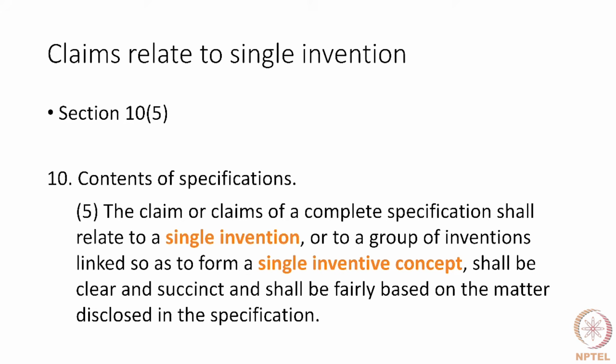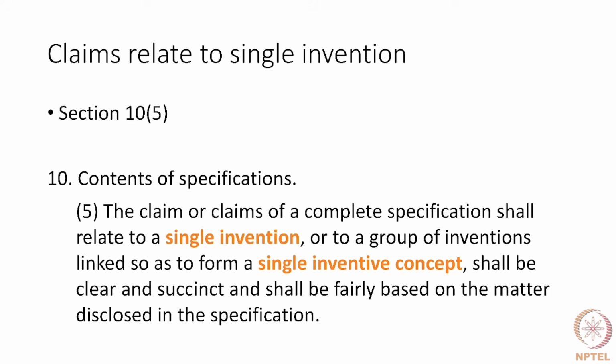A divisional application could also arise from an objection that is raised by the patent office. If the point of your application having more than one invention is pointed out by the patent office, then the patent office would direct the applicant to file a divisional application. So in summary, you can have only one invention covered in an application.